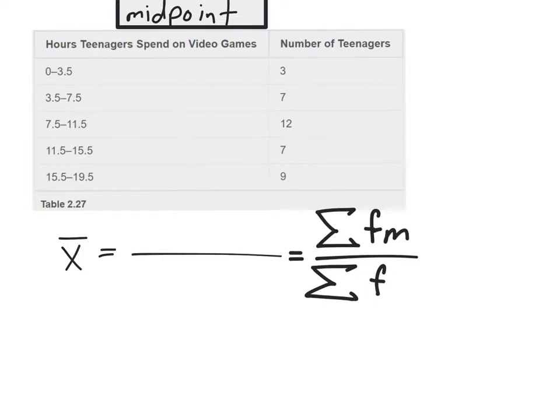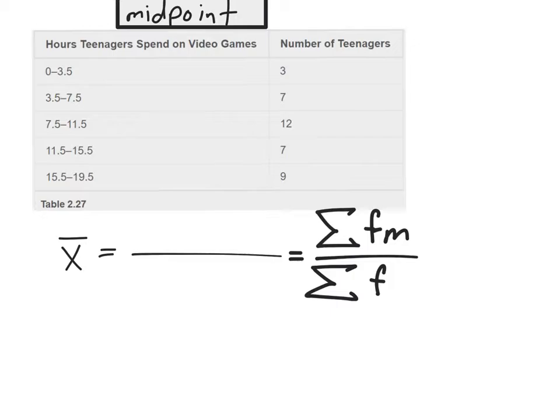So here's an example where I have a grouped frequency table. This is going to be a bit more complex if I want to find some kind of average or mean. In the traditional average formula, what I wanted on top was the sum of the data. Well, I actually don't even know what any specific piece of data is.